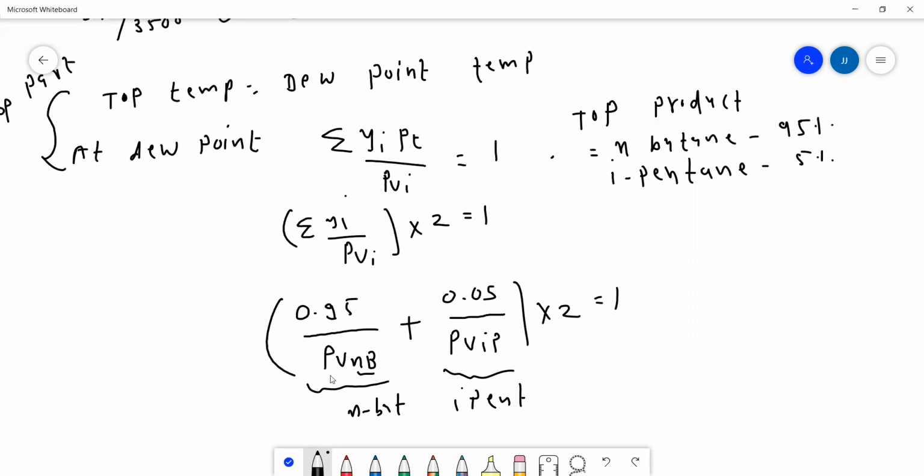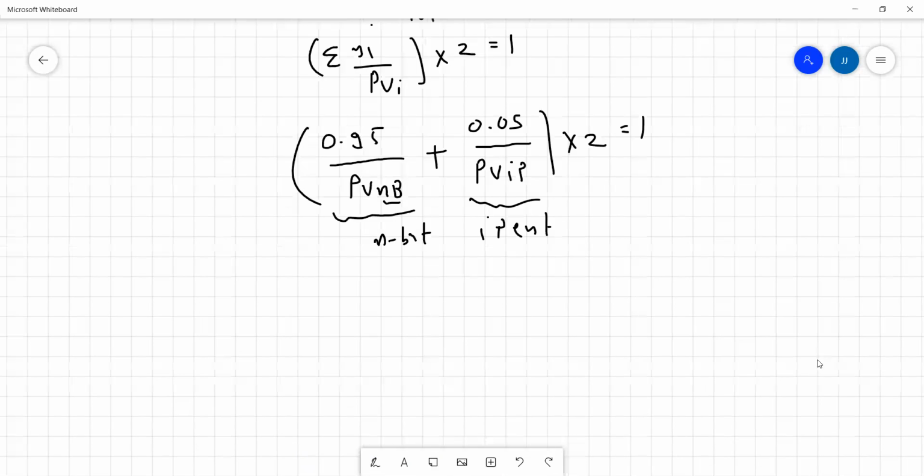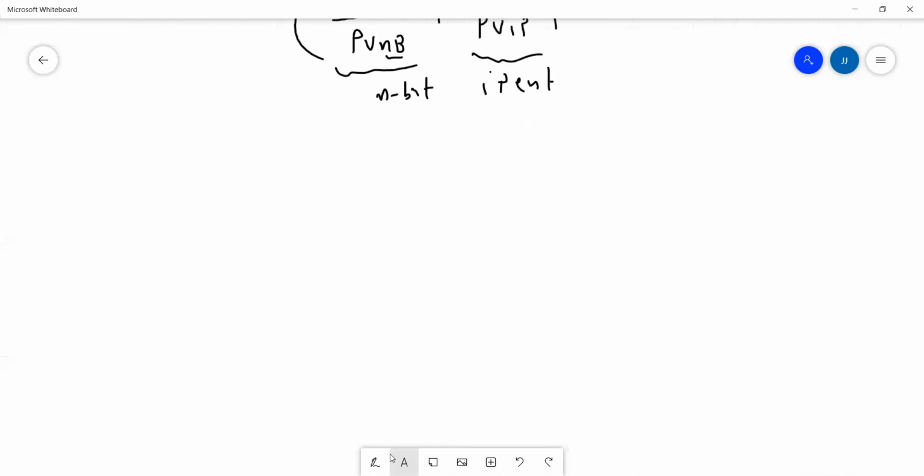Now this Pv, the vapor pressure, can be calculated using the Antoine equation that we have already seen in the first problem.